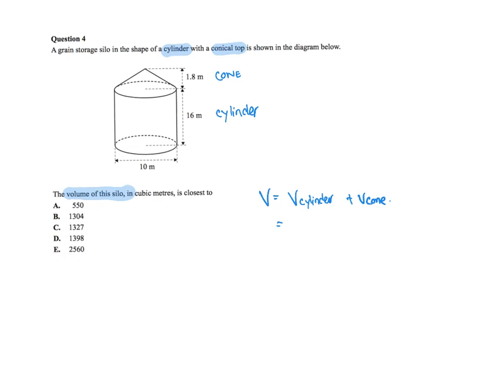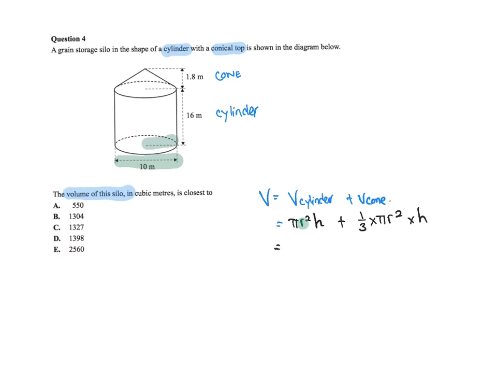Okay? And then go get your formulas. So volume of a cylinder is pi r squared times height. And the volume of a cone is 1/3 times pi r squared times height. Okay? So then go plug in. What's the radius in this question? Now, if across here is 10, that'd be 5.